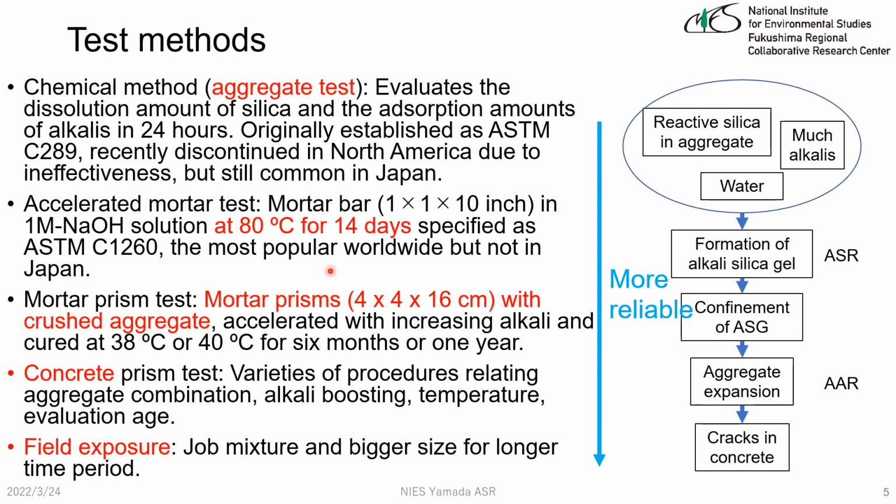But depending on the type of standard, there are a lot of varieties of procedures regarding aggregate combination, alkali boosting, temperature, and evaluation ages. And the most reliable is field exposure, using real job mixture and bigger size of specimen and for longer time.